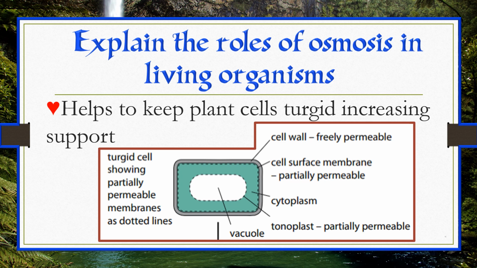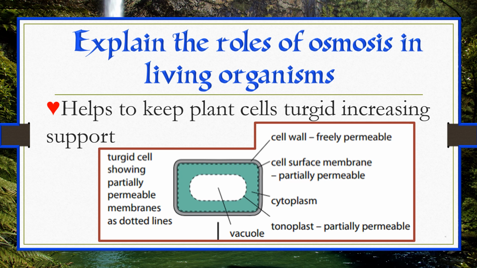And when that happens, the cell vacuole is going to expand and it will push the cytoplasm towards the cell wall. And that is going to create a pressure inside, which we call the turgor pressure. And we say that the cell is turgid.